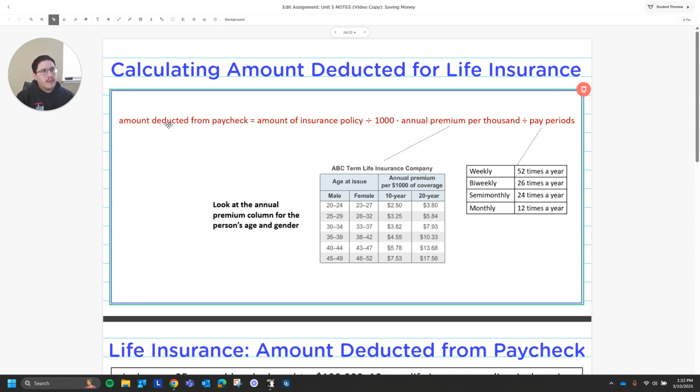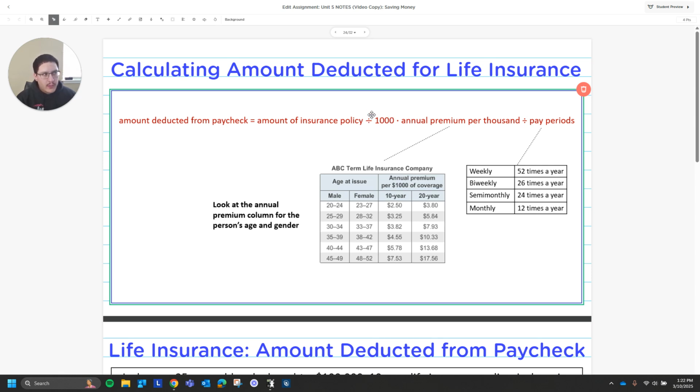So to figure out how much is deducted from the paycheck, just like in the previous problem, we take the amount of the insurance policy divided by 1,000 because of the type of chart we're dealing with. If this said annual premium per $100 of coverage, we would divide by 100. If this said annual premium per $10,000 of coverage, we would divide by 10,000.